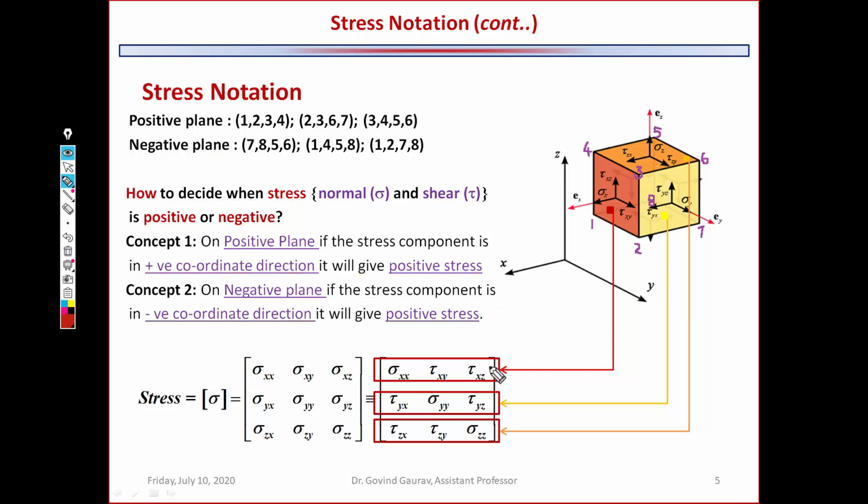Again, the first row represents the forces acting on this particular plane, on the positive planes. The second row represents the stresses acting on the plane represented by 2, 7, 6, and 3.